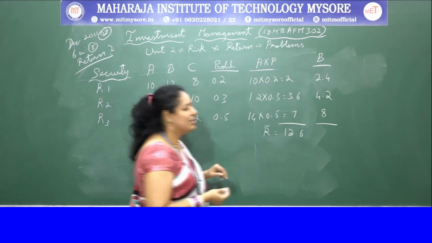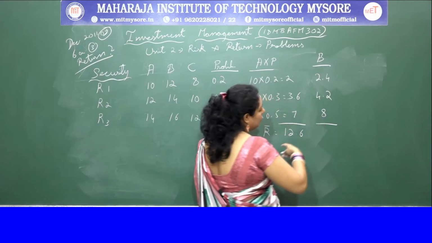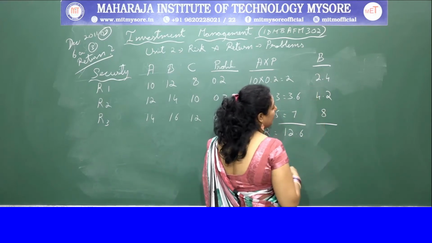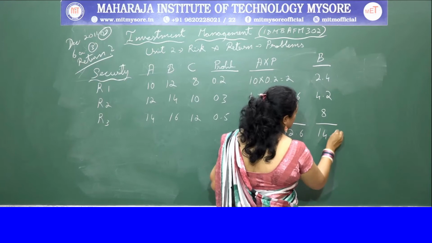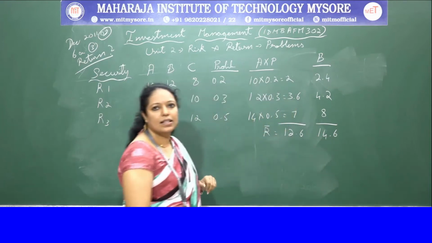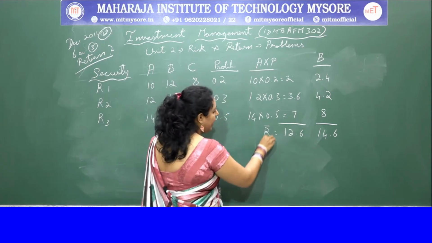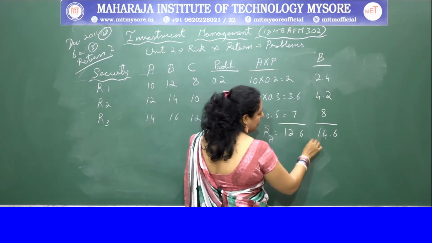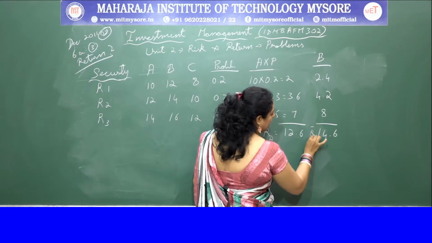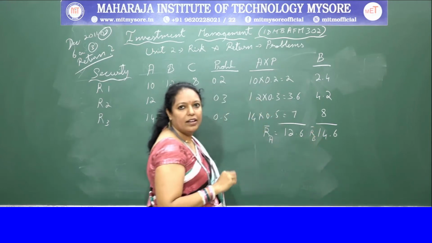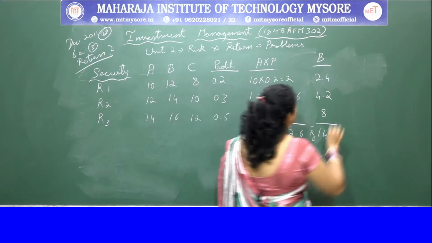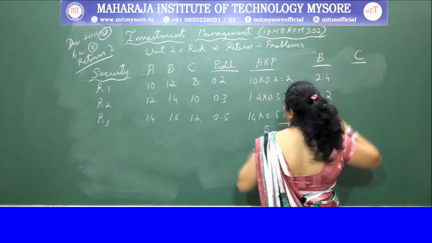Okay, now comes the adding. 8 plus 4 is 12. 12, 14, 14.6. Okay, that is R bar A, and this is R bar B, and the last one is R bar C. So I'll write here C again.